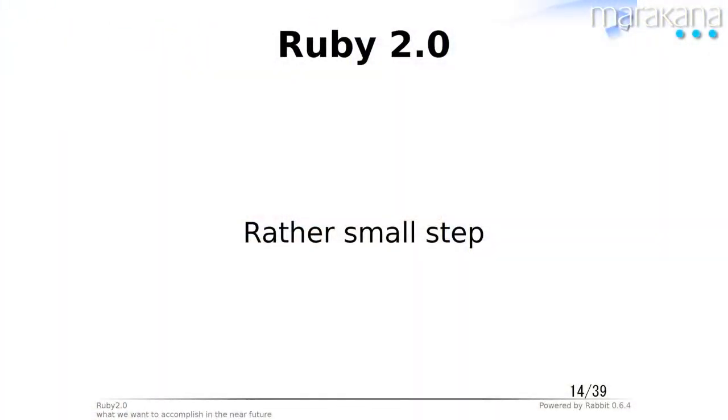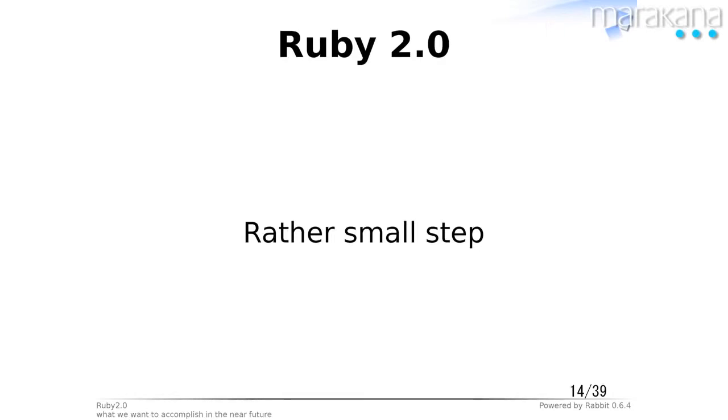Anyway, we introduced multilingualization in Ruby 1.9, and these two, the new virtual machine and the multilingualization, are the very big step we made in 1.9. So the version number goes up to 2.0.